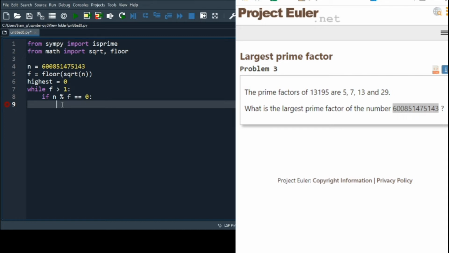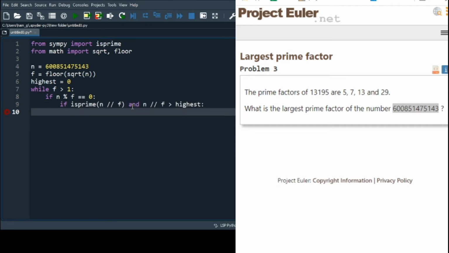So if n mod f is equal to 0, then if n divided by f, call it nf, is prime and nf is bigger than highest, then we want to do highest equals nf. Yeah, this is an awful, awful algorithm.